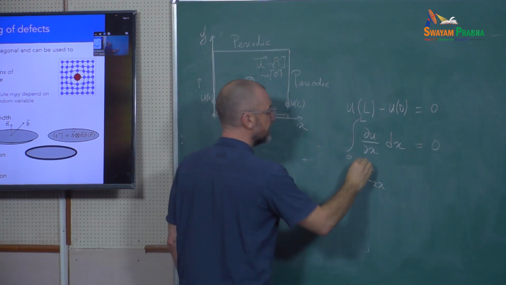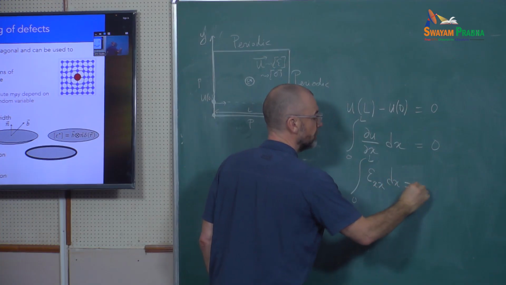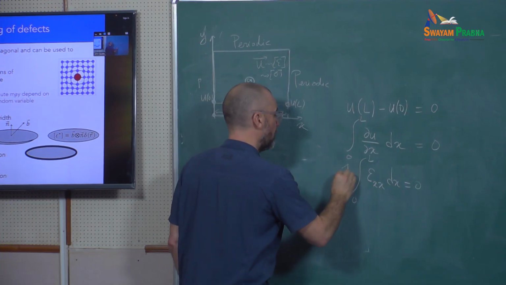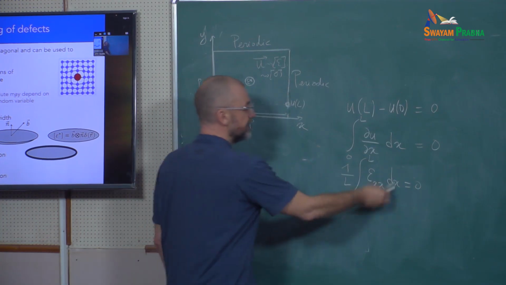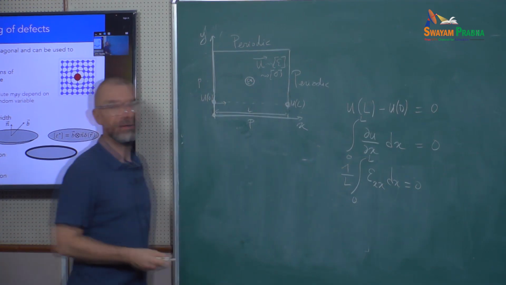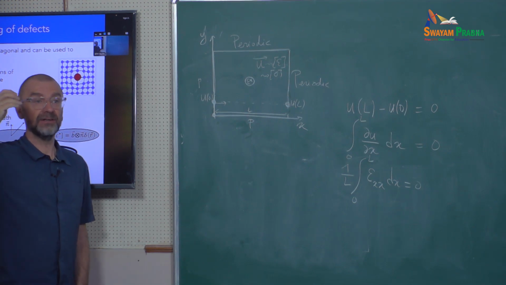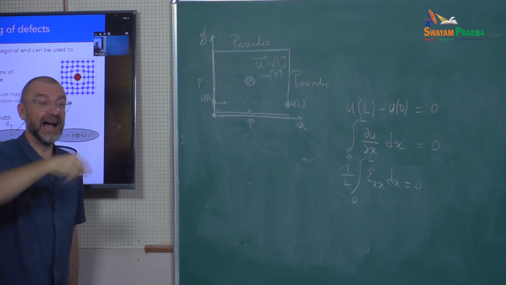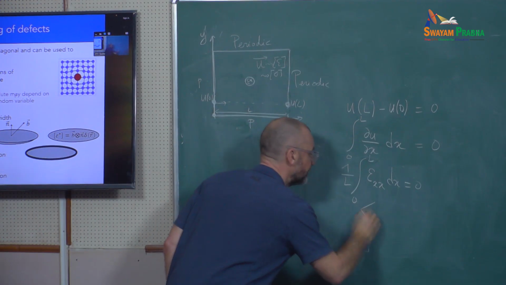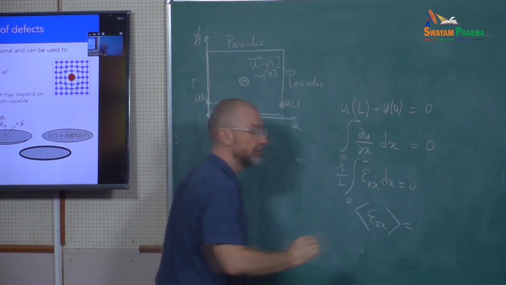So the integral from 0 to L of epsilon xx dx is equal to 0. If I put a 1 over L before it, what is this? It's the average strain. So this means that the average of epsilon xx is equal to 0.